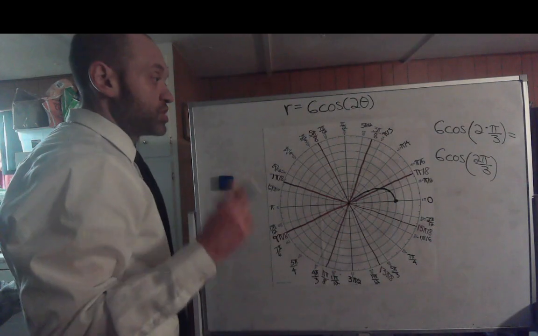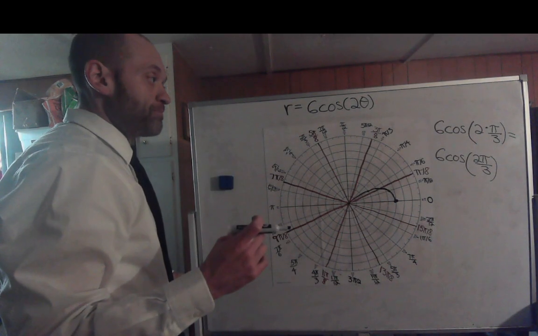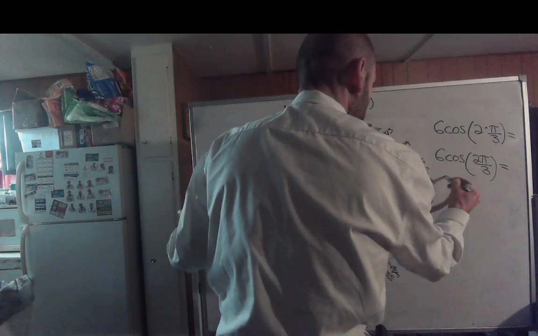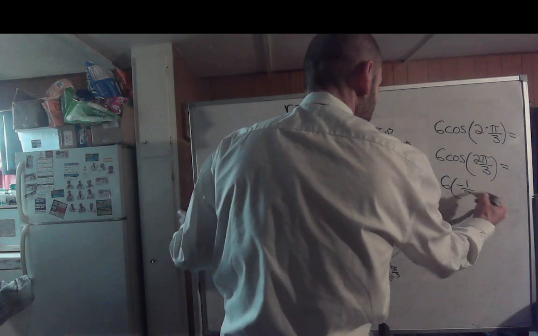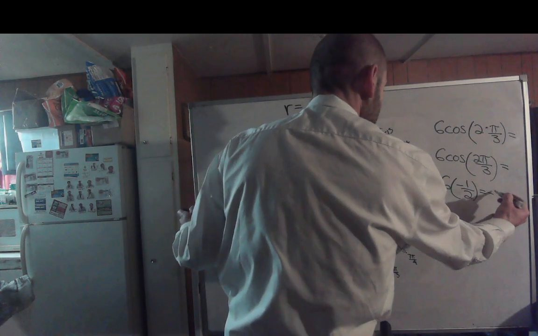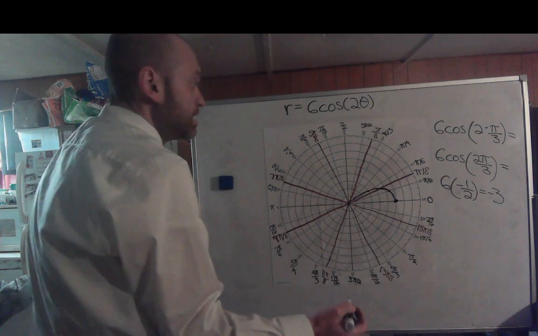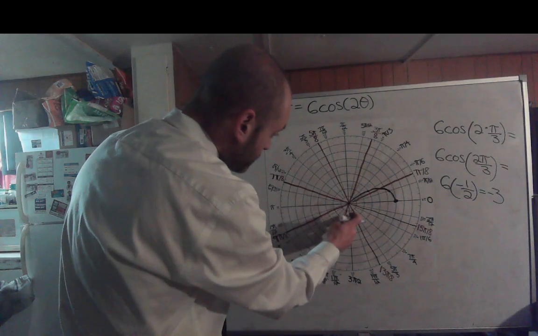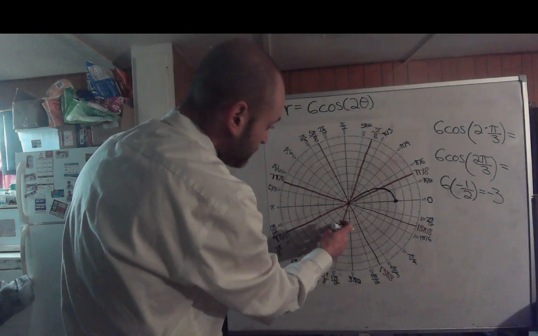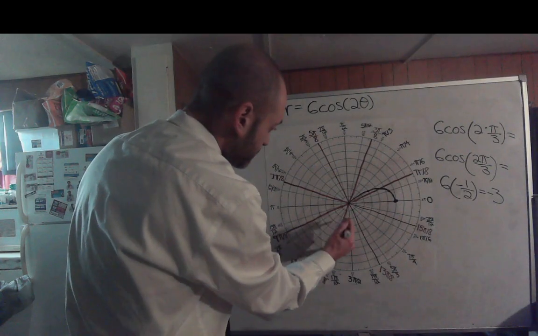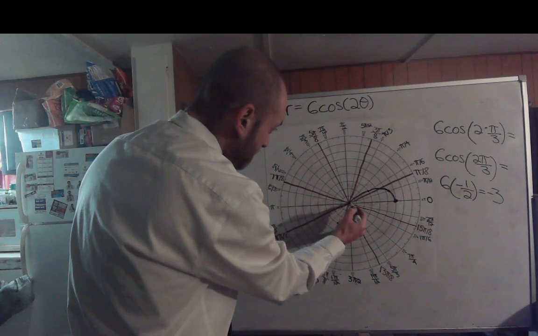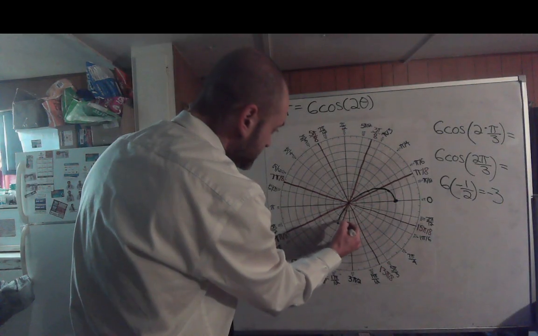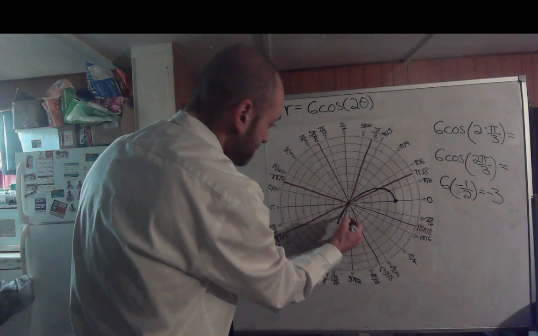So 2 pi over 3, that cosine is negative 1/2. So we'll have 6 times negative 1/2, which would actually put us at negative 3. So for pi over 3, if we go in the negative direction, we'll actually be at 4 pi over 3. So 1, 2, 3. Let's connect those points.